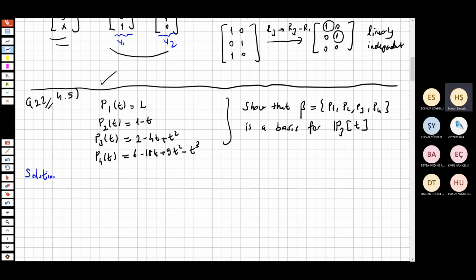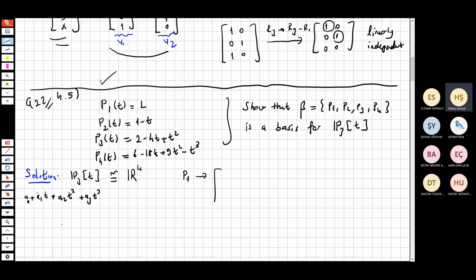In other words, the polynomial space of degree at most 3 is equivalent to the real vector space R to the power 4, because when we consider the general polynomial a0 plus a1t plus a2t squared plus a3t to the power 3, how many coefficients do we have in here?